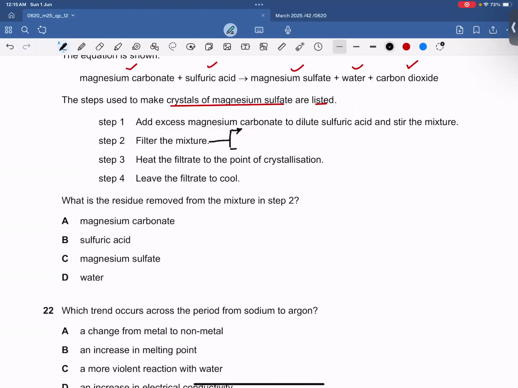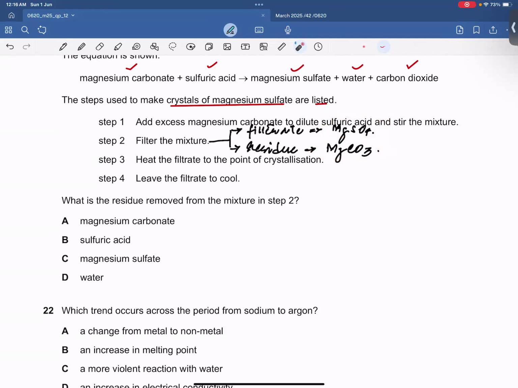The first one is the filtrate, which is the magnesium sulfate solution, and a residue. The residue is magnesium carbonate because it is insoluble in water, right? The filtrate collects in the conical flask and the residue is trapped on the filter paper.